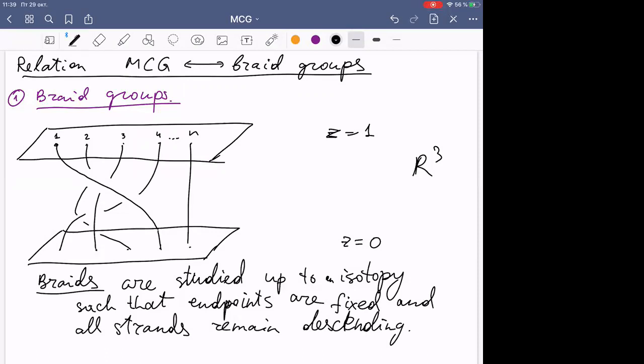Actually, it is possible to show that the last condition is not important.